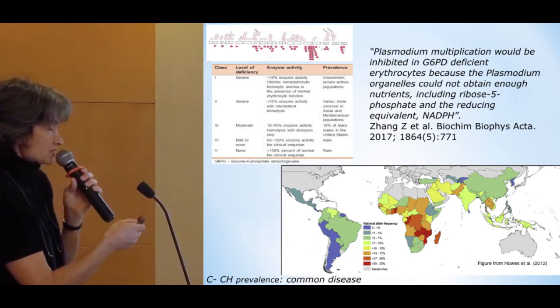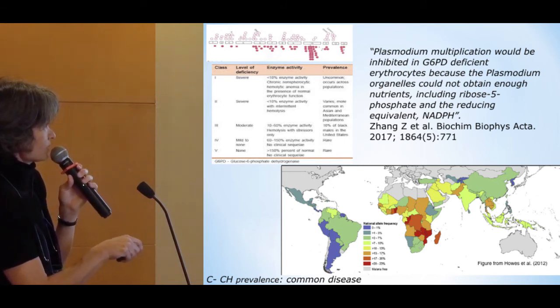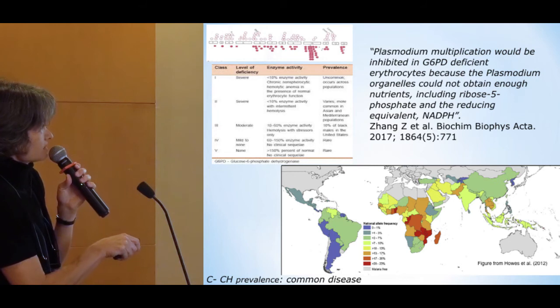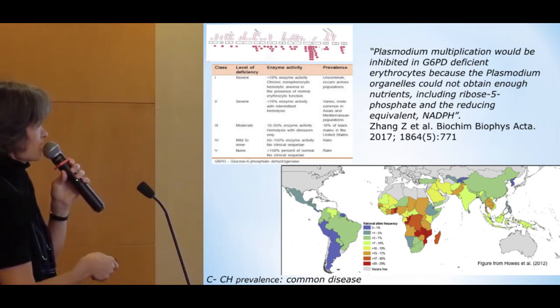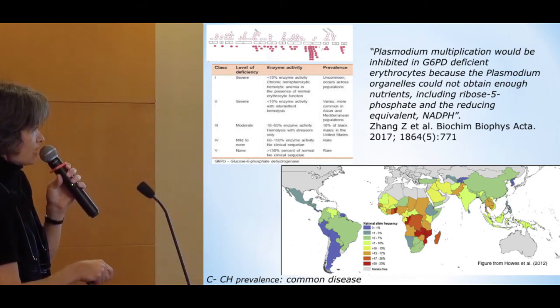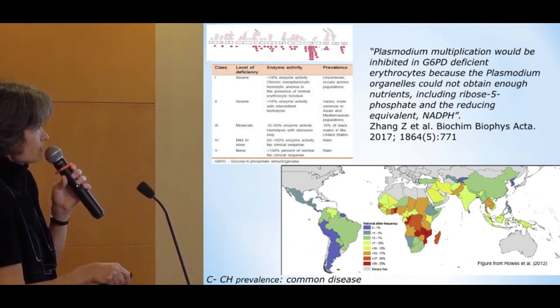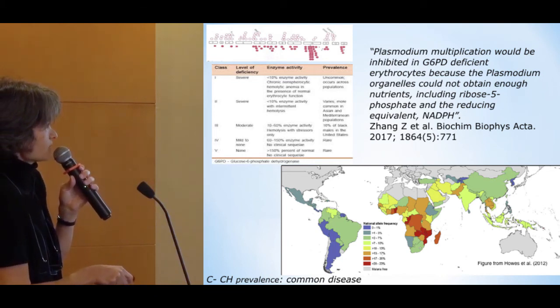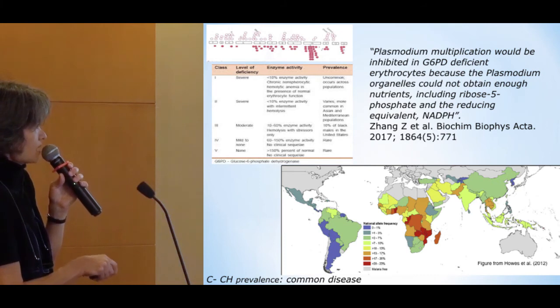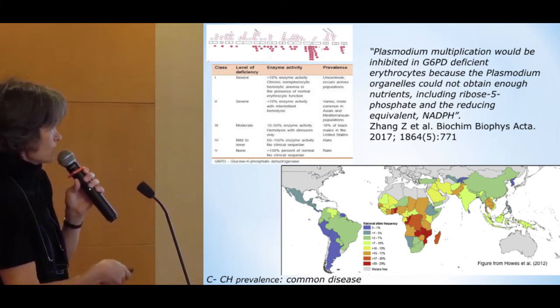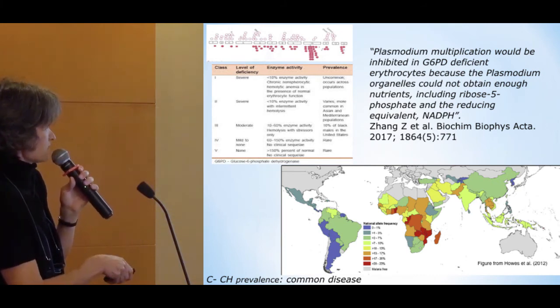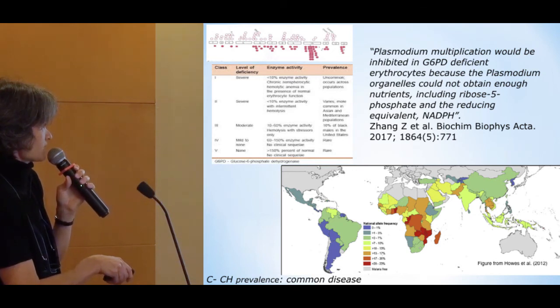There's a very nice paper I found here, from your Chinese colleagues. As you can see, the deficiency of glucose 6-phosphate dehydrogenase is quite common, especially in the areas between the two tropics, because of the protective role against malaria.